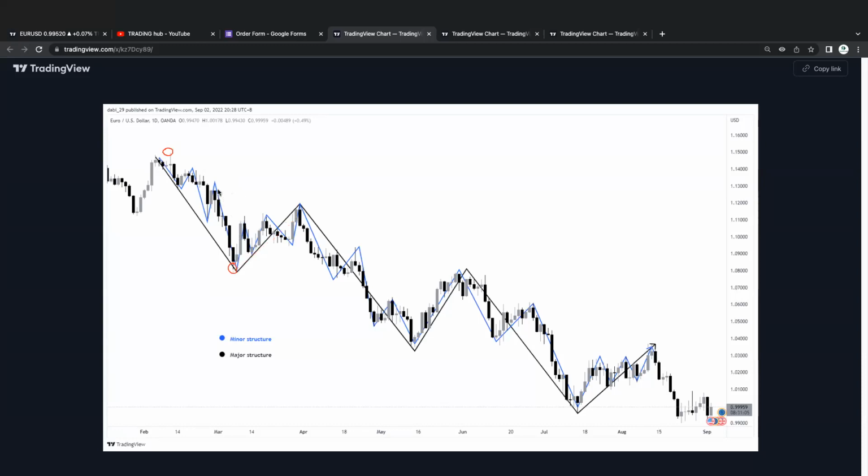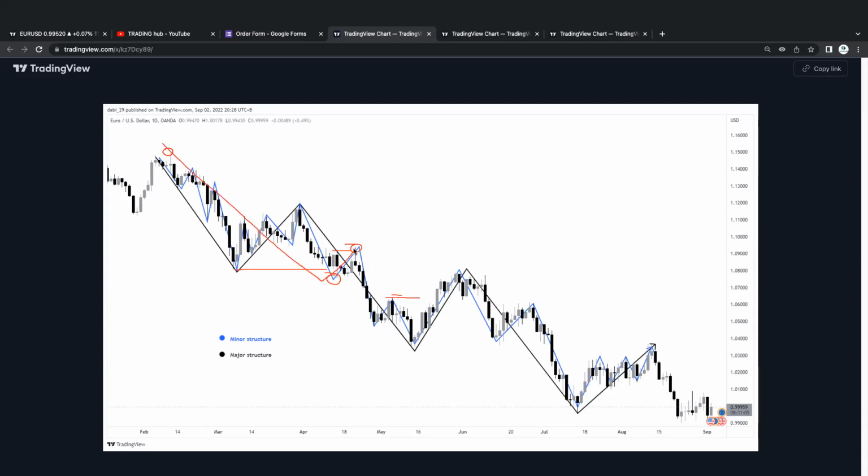Why? Because our inducement is here. That's why this lower low is not confirmed here. Okay. So what happened here? The market pushed downside. Okay, and broke the structure here. Perfect. Okay, so our lower low is confirmed here. Okay, something like this. And the next attempt, what happened here?